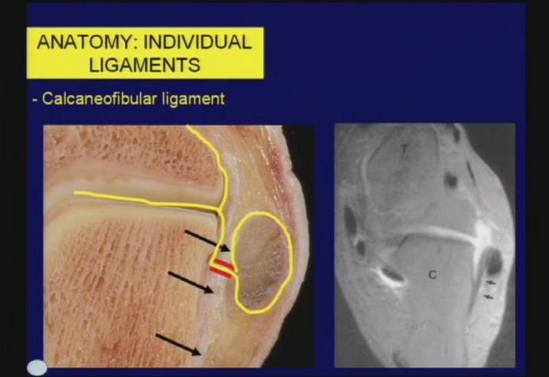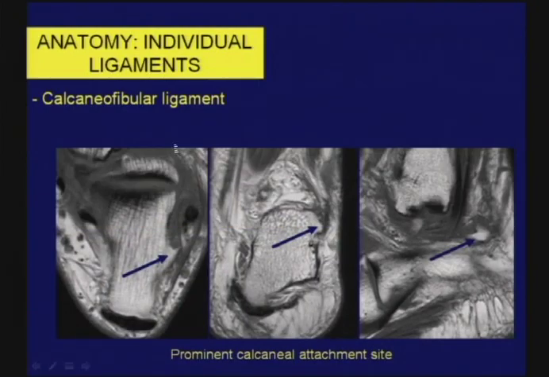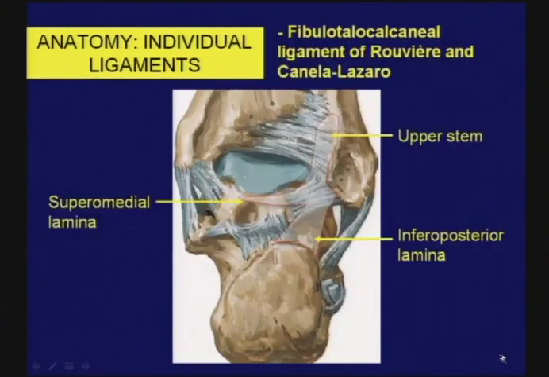So a secondary sign of injury to the capsule and calcaneofibular ligament is joint fluid or contrast material within the peroneal tendon sheath. This is an example of a large bump, probably abnormal due to chronic tensile force, where the calcaneofibular ligament attaches to the calcaneus. Usually the bump is very small.